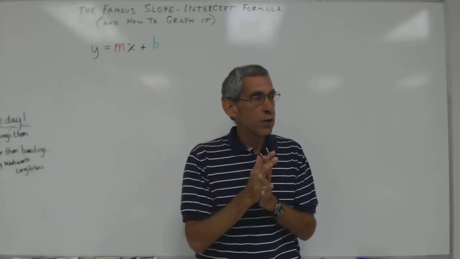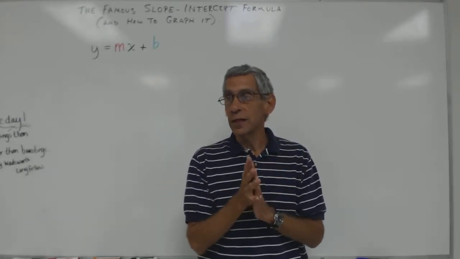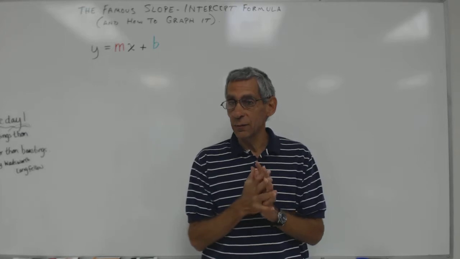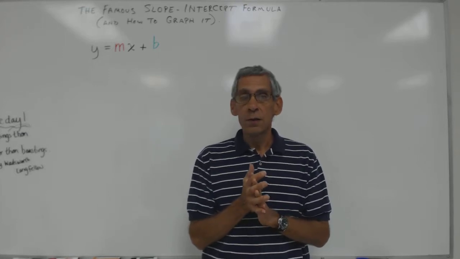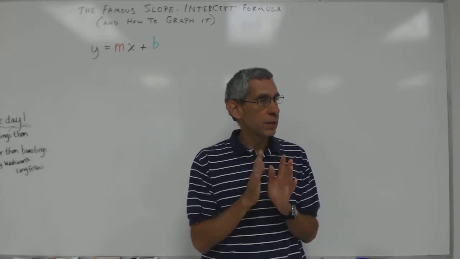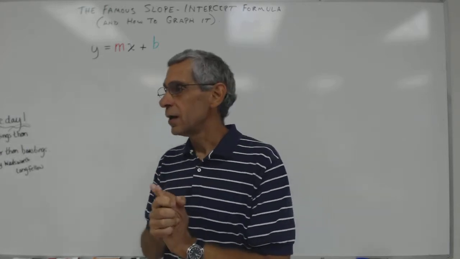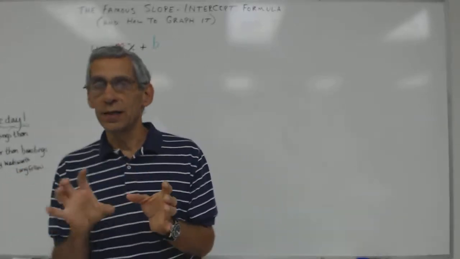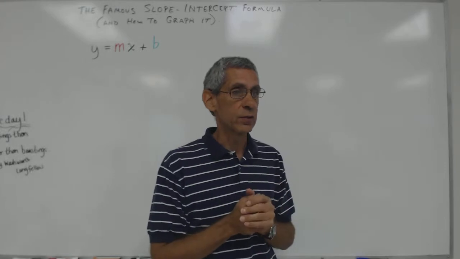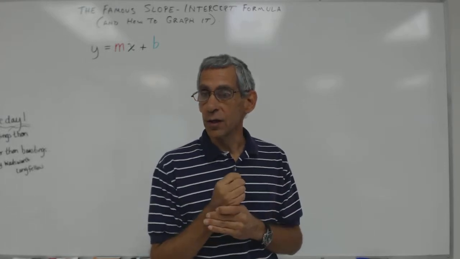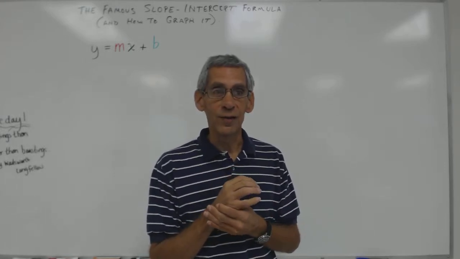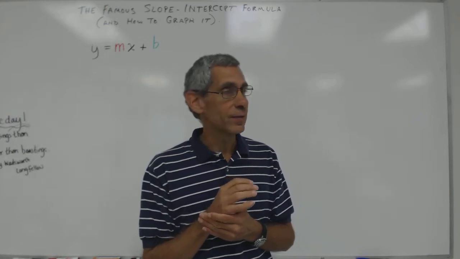So today we're going to talk about the slope-intercept formula. It is probably the most famous formula in algebra. Maybe neck and neck would be the quadratic formula, which is a very long, very bizarre sounding, scary sounding formula.